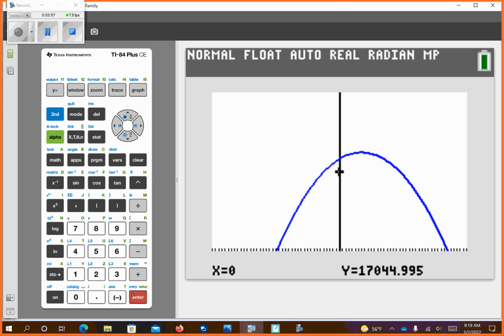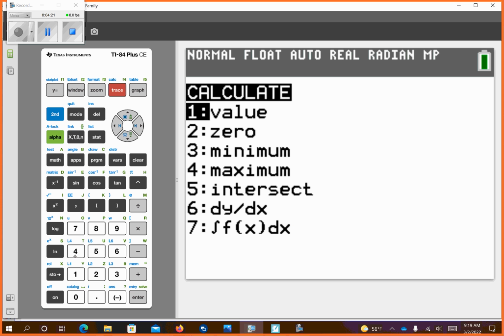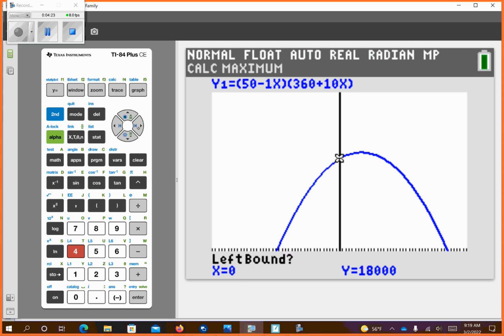Okay, so this is our graph. Obviously, we're not dealing with the left side of the y-axis. So right here, this should give us our optimal point. But remember, we cannot charge above $450. On the graphing calculator, if I go second calculate, I want to find a maximum because I'm finding the highest point. So I'm going to go to the left side of it, and to the right side of it.